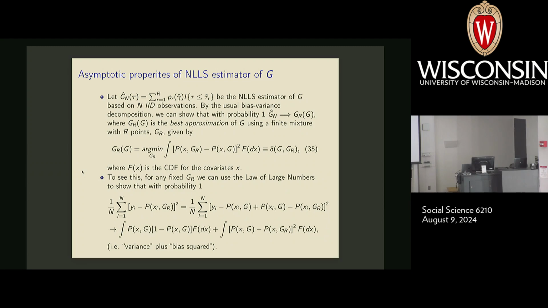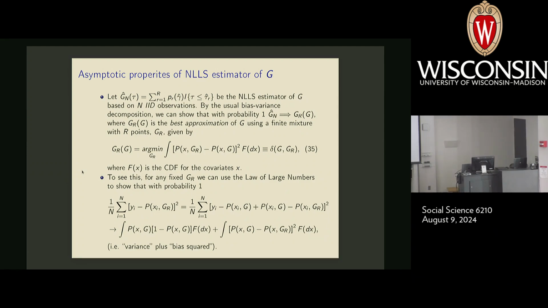In other words, G of R, which is a function of G, is going to be the CDF that minimizes this L2 distance between the true mixed CCP and my approximating one, a finite mixture. And the way you do this is you take the sum of squares for a finite n and you add and subtract, which cancel out, and then you realize that this is a residual.